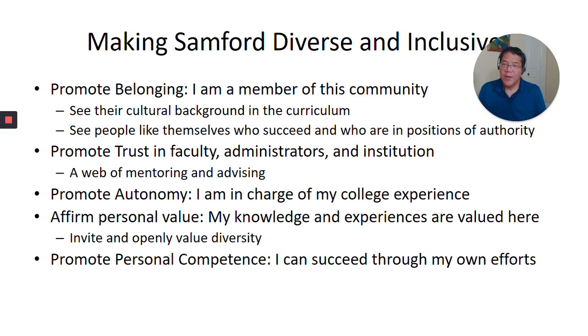Promote trust in the faculty, administrators, and institution, creating a web of mentoring and advising, promoting autonomy where students feel like they have a choice, they are in charge of their college experience, affirming their personal value that they matter, and promoting personal competence that they can succeed through their own efforts.